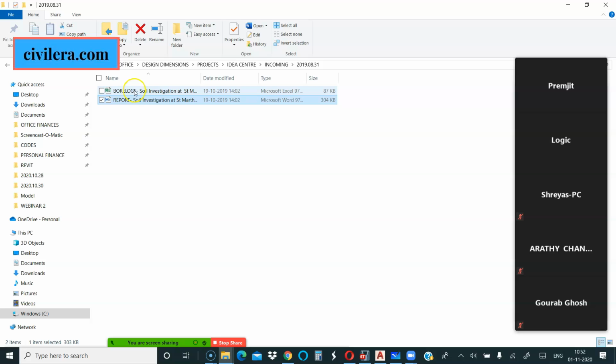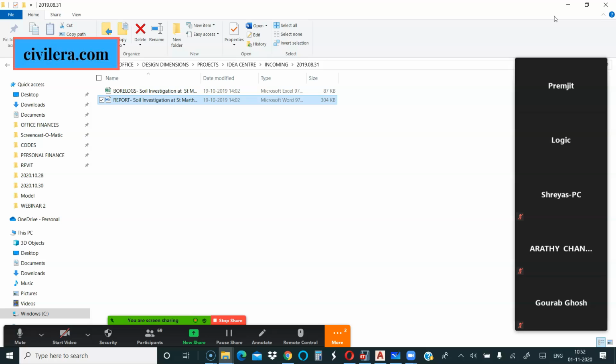Now here bore logs will also be there, which will give you more clarity on the soil type and parameters. I'm not getting into that now. Once we know that, we know it's isolated foundations. You have an average SBC; 18 is not bad. 180 kilonewton per meter square in Bangalore is general. It can go up to say 30 tons per meter square or more if it's rock or medium soil.